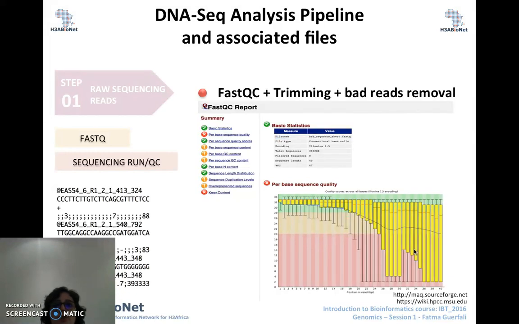Now you have a case where the sequences are of relatively poor quality, especially towards the end of the read here. So in this case, quality control is generally followed by another step, which is called trimming. In this step, the final bases of the reads that are showing poor quality can be discarded in order to improve the mapping.